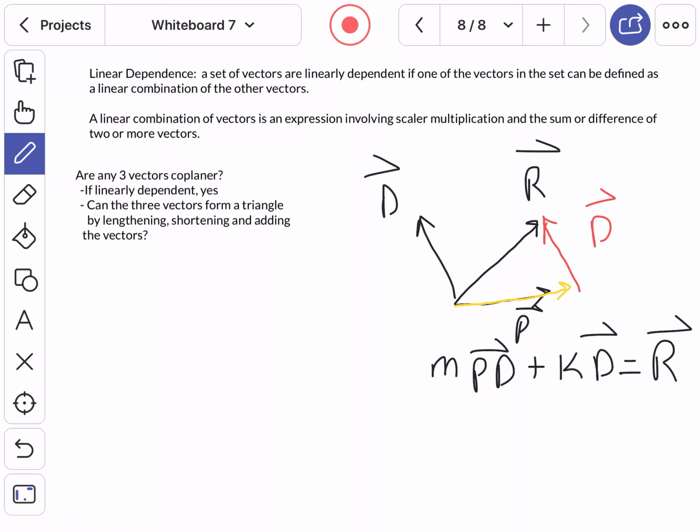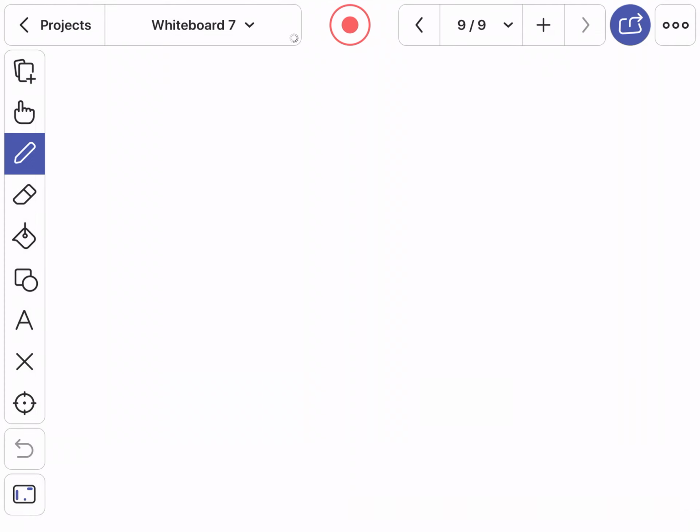So the other way to kind of think about it is, maybe I'll just do a new slide here and draw a different diagram. I have a little bit of another idea to share with you. I'm going to relabel this a little bit. So let's say I have a vector here, a vector here, and a vector here.